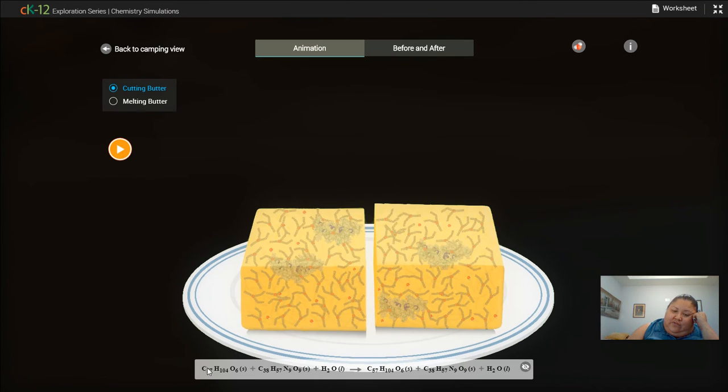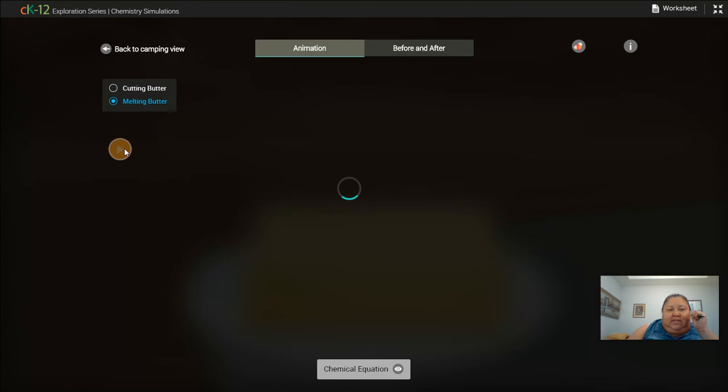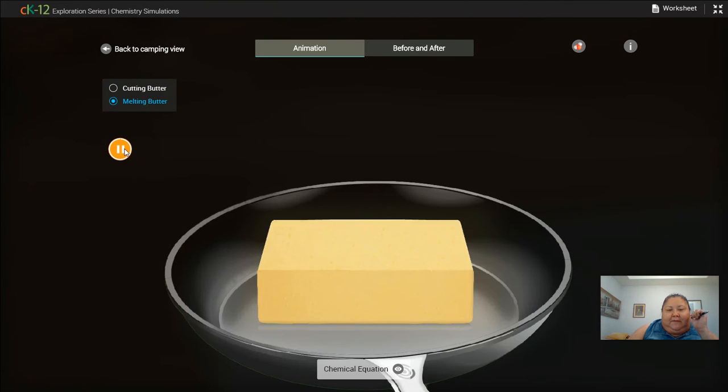Definitely. And if you look at the formulas, they're exactly the same on both sides of my equation. 57, 104, and 6. 57, 104, 6. 38, 57, 99. 38, 57, 99, and then we have our water. Okay, another example of physical change, but let's look here at melting butter.